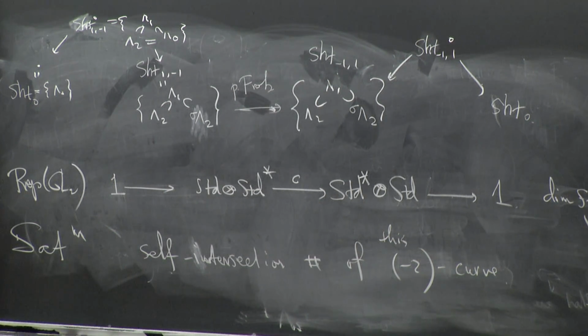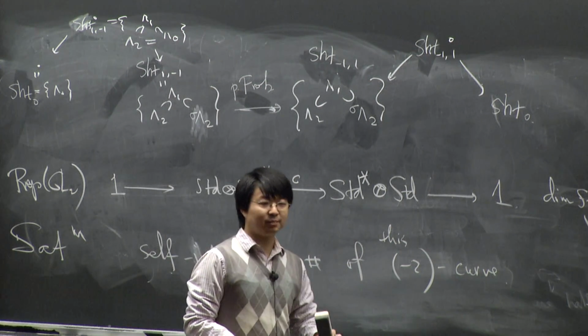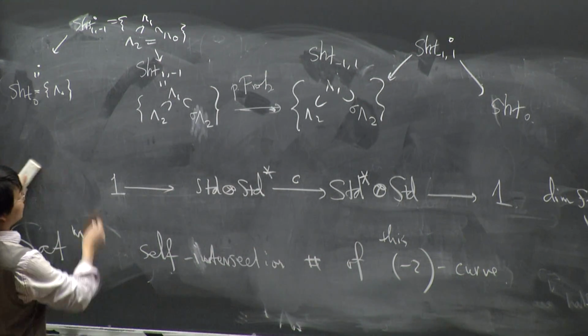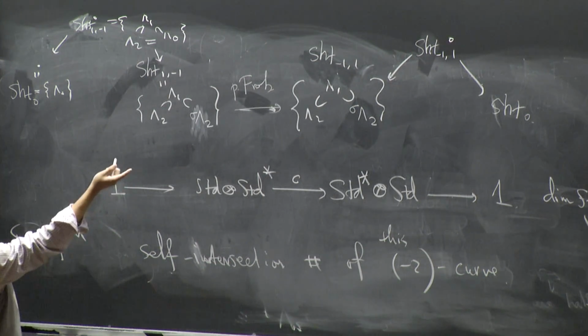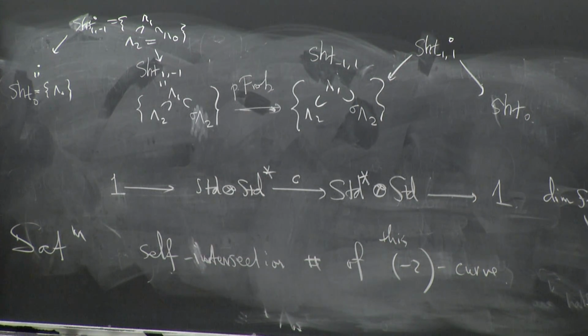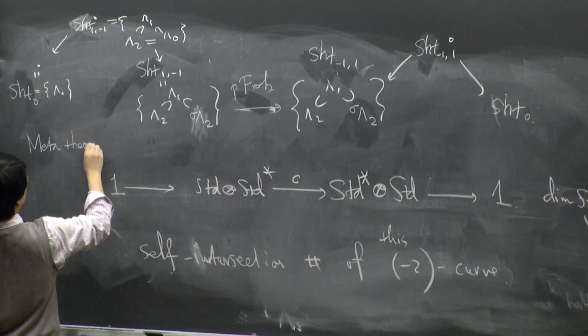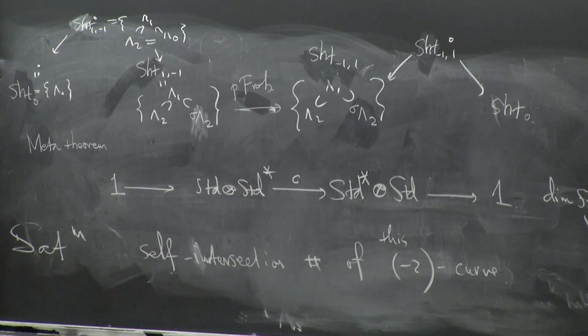So then you may guess what would happen here. You can calculate this cohomological correspondence using the geometric Satake, and this is sort of a meta theorem, which means it's not the actual theorem. It will be correct when you pull back everything to the global situation.